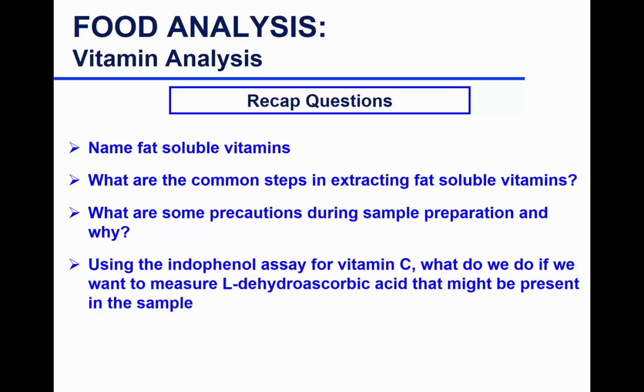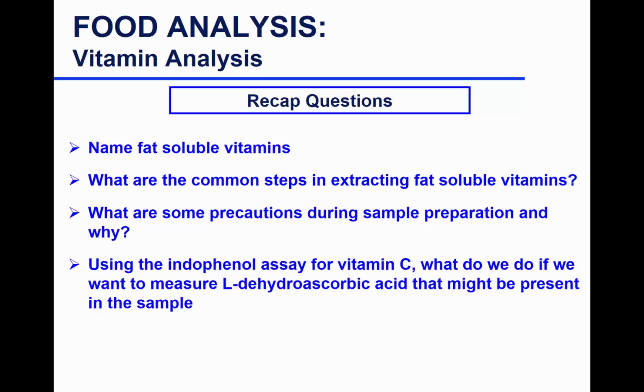Vitamin C. What other than oxygen? Yes, chelating agent because again in vitamin C some presence of metals such as iron or copper can enhance oxidation.